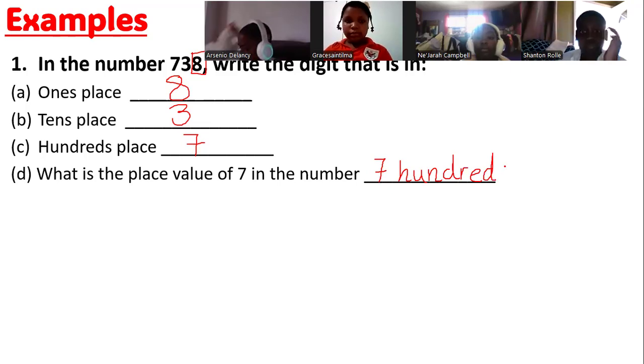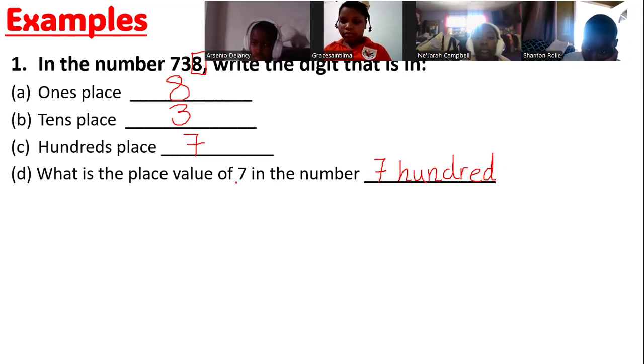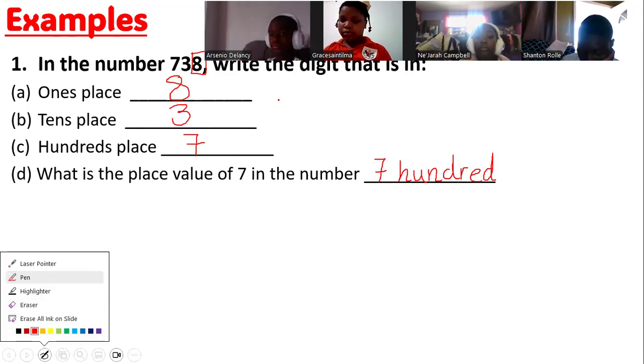All right. So the place value of 7 in this number is 700. Or we could just put the number itself. We don't have to put the words.